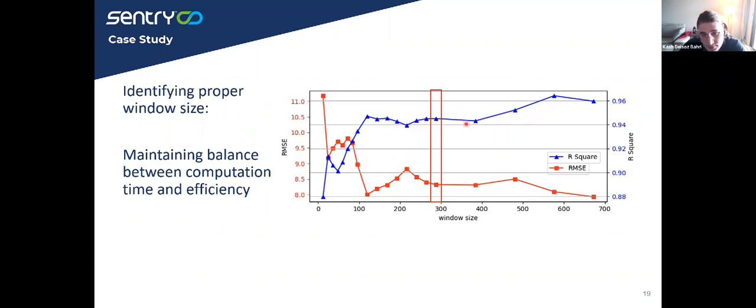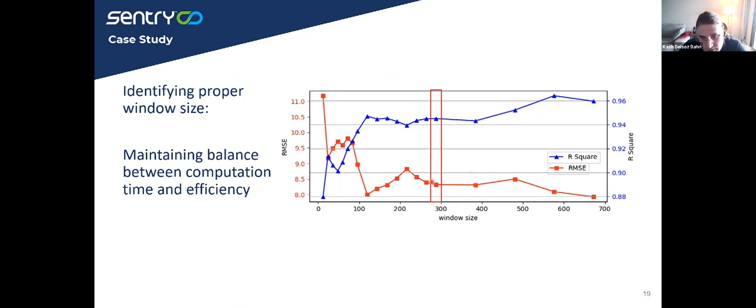As you can see, we expect better performance when we increase the window size, because we are using more data to predict one timestamp ahead. However, we have to maintain a balance between computation time and efficiency, because as we increase the window size, we are increasing the computation time.